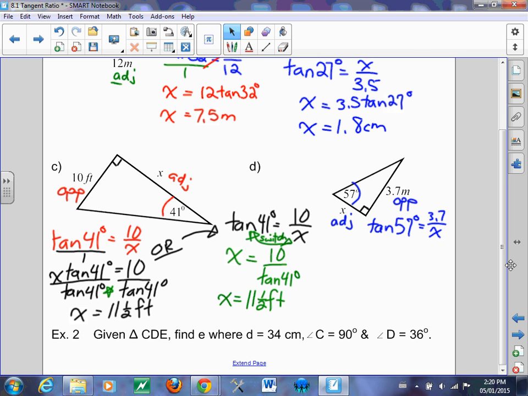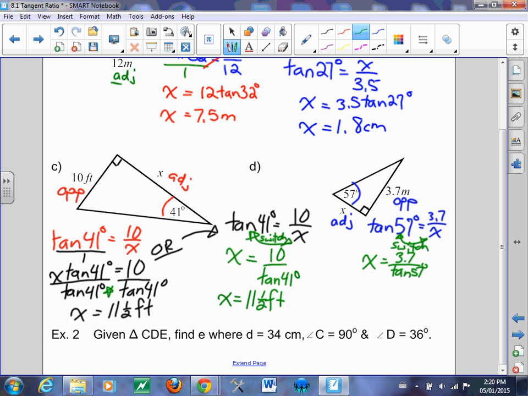I'm going to use the short form, which is switch. So I write down my arrows and I put down switch. Okay. And then I'm going to switch it. So it's going to be x equals 3.7 divided by tan 57 degrees. So x equals, plug in your calculator, 2.4 meters.